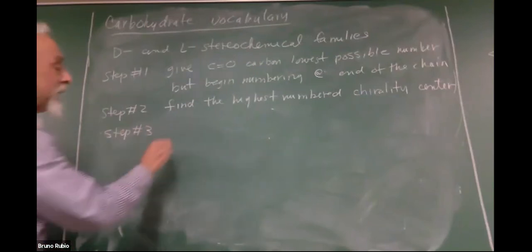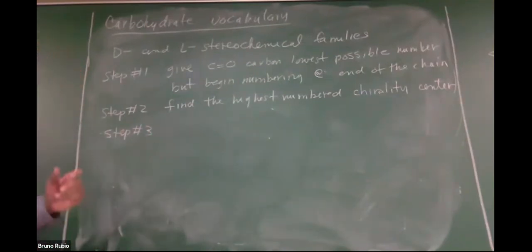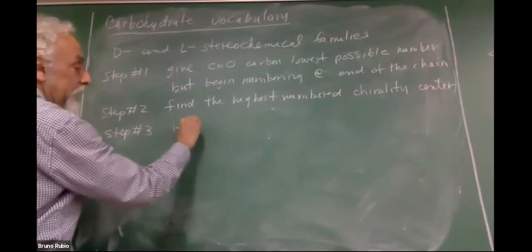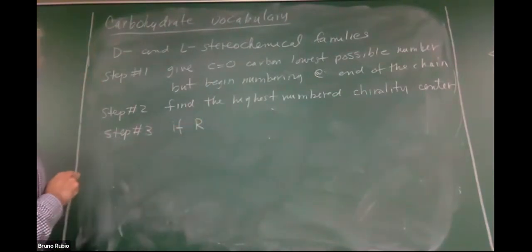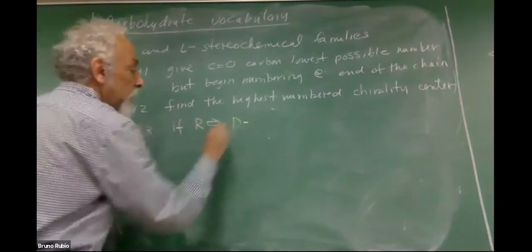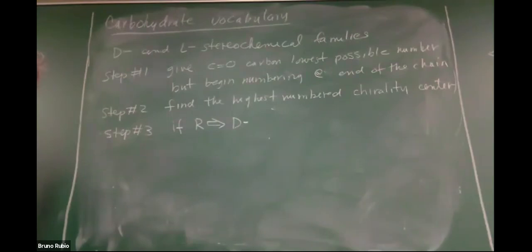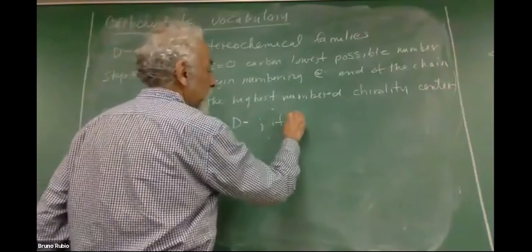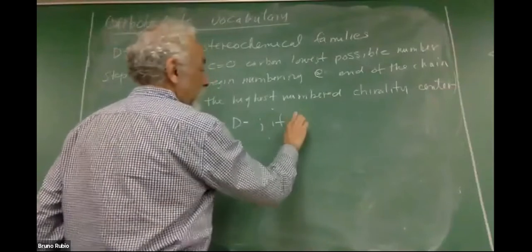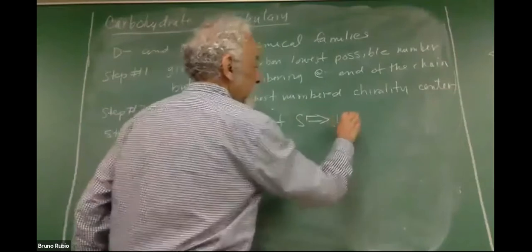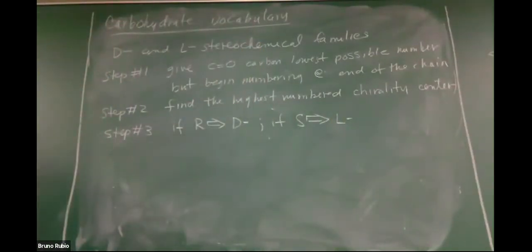Step number 3, if that highest numbered chirality center has the R absolute configuration, then that sugar belongs to the D family. If that highest numbered chirality center has the S absolute configuration, then that sugar belongs to the L family.